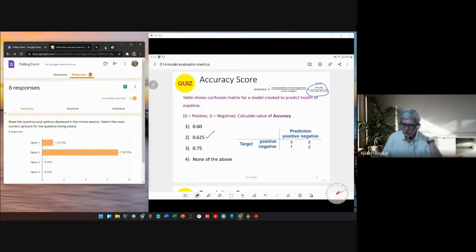So 0.625 is the correct answer. The total number of samples is 8. The numerator is TP plus TN, that is 3 plus 2, that is 5, and the total number of samples is 8. So that is 0.625.